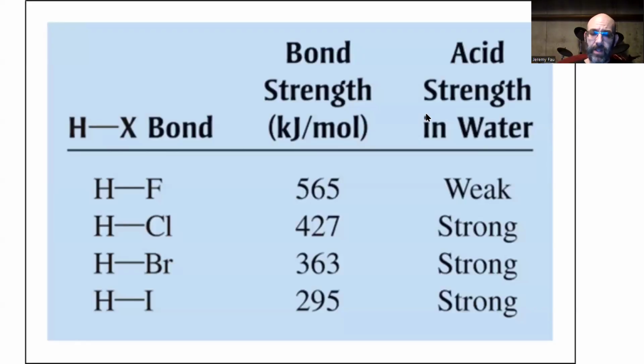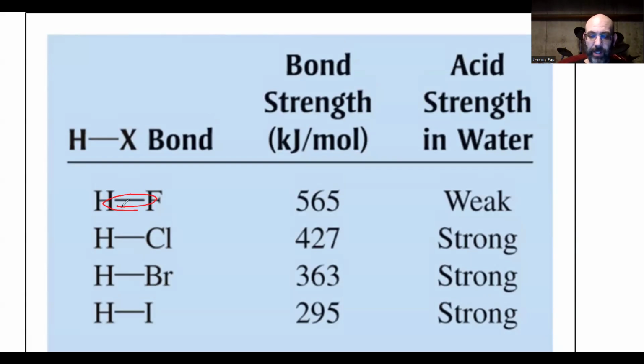So if we look at these four halide acids, the bond between H and F is strong. It's 567 kilojoules per mole. Because this bond is so strong, it has a hard time breaking apart. So H is attached to F somewhat well here.